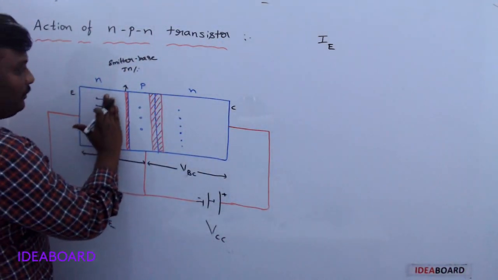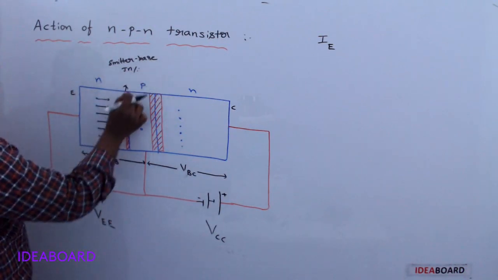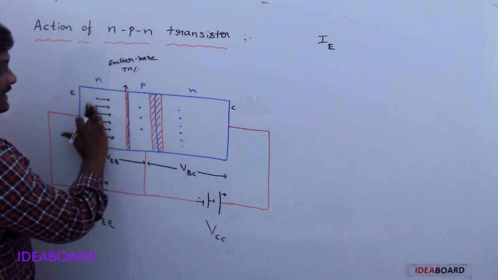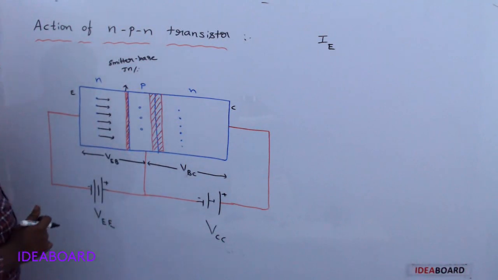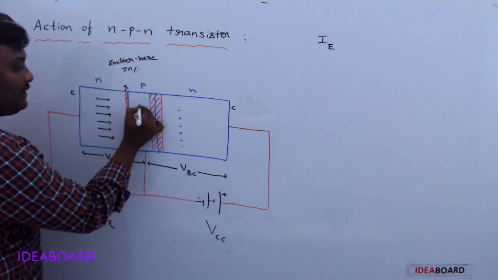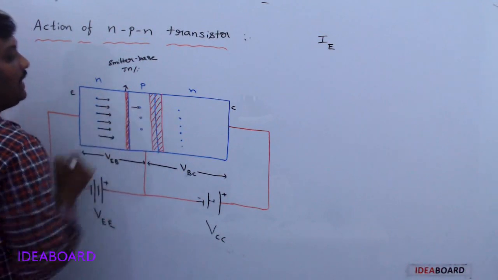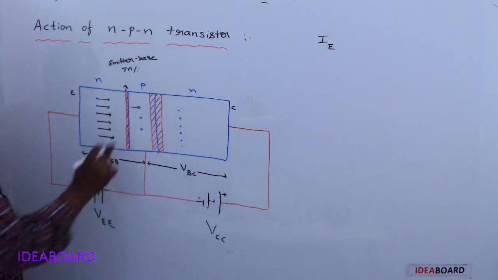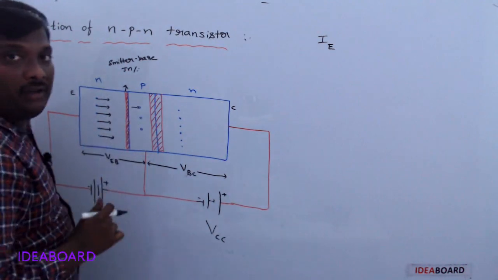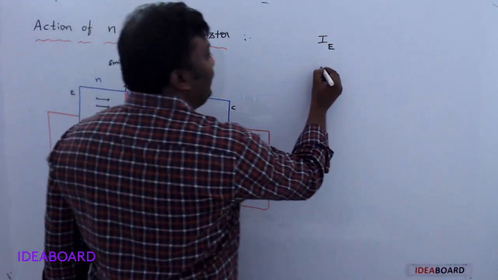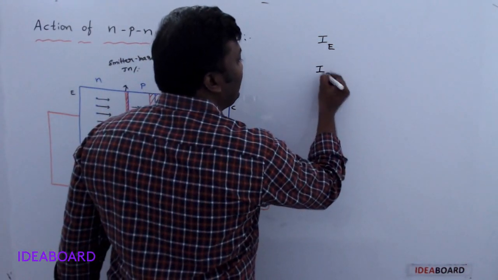Whenever they come nearer to the junction, we said the emitter junction is very thin, so these electrons enter into the base region. In the base region, what do we have? Holes. So these electrons combine with holes. Electron-hole pairs are formed. That's why it constitutes the base current.